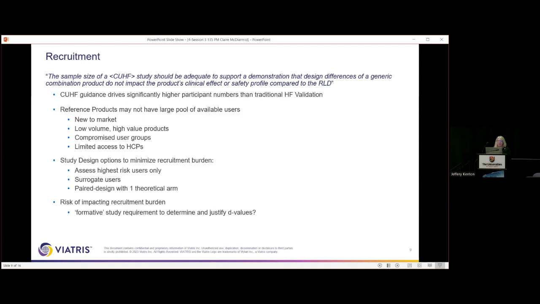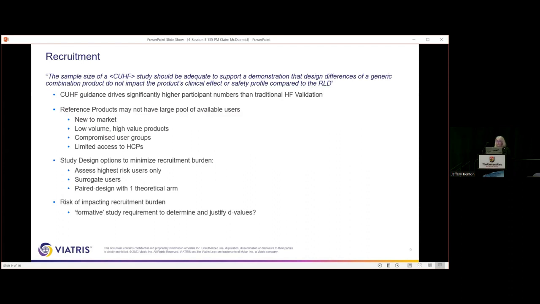And then finally, whilst we've heard about paired design, and the guidance does suggest that paired design is the most efficient approach, could there also be an option for paired design where one of the arms is theoretical, in which I mean you assign an assumed error rate for the reference product as 0?